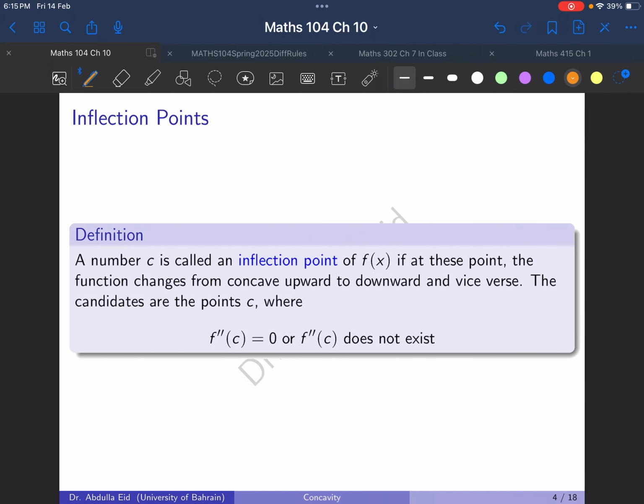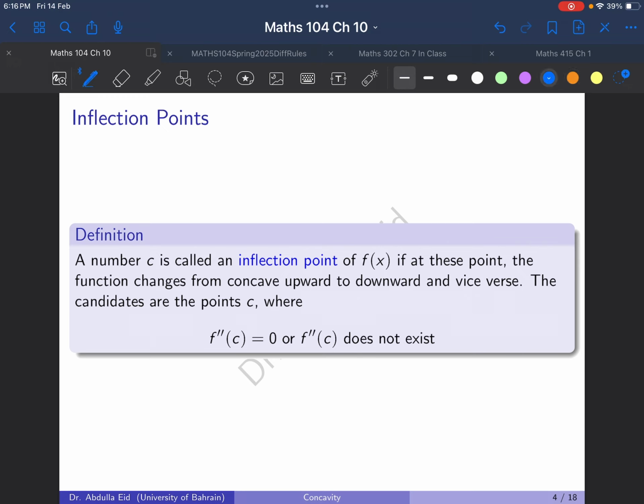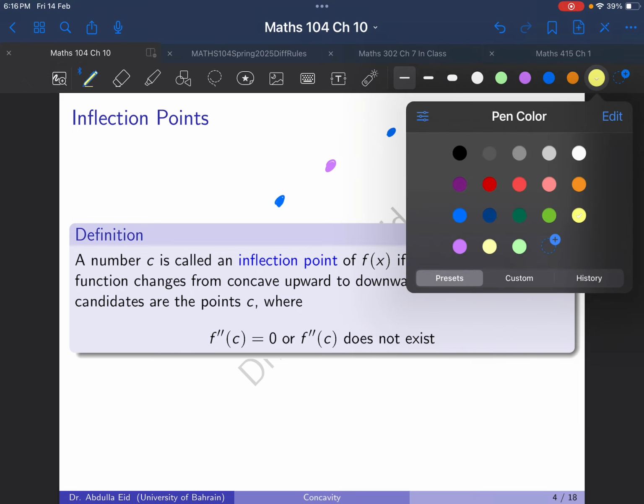Finally, we have the point of inflection, and this is similar to something we have seen before. We call them critical numbers, but for critical numbers we focus on the first derivative. For inflection, we focus on the second derivative. And what does an inflection point mean? It means I change the way I curve.